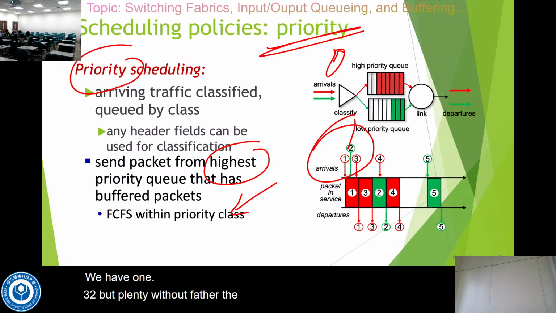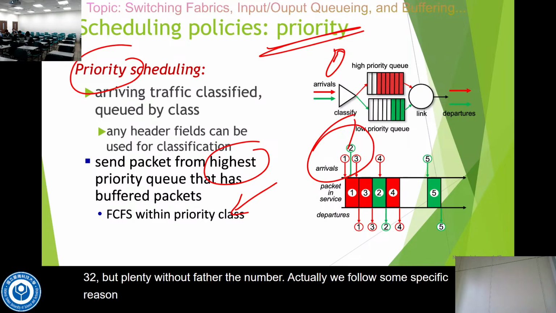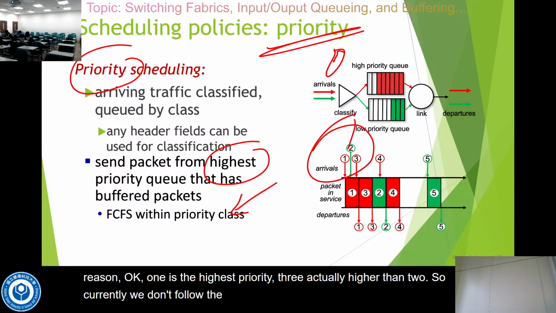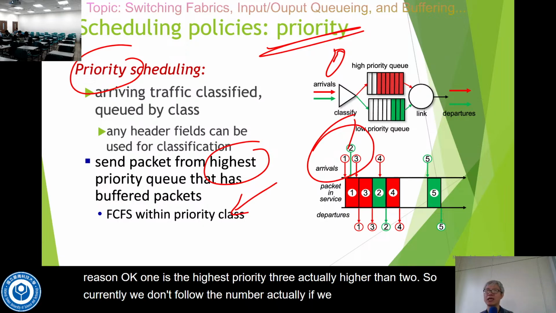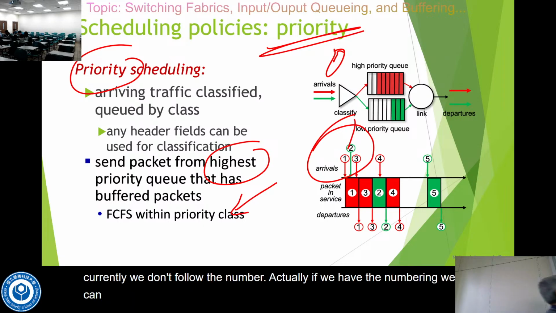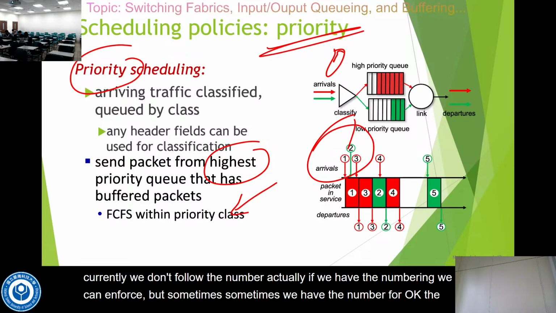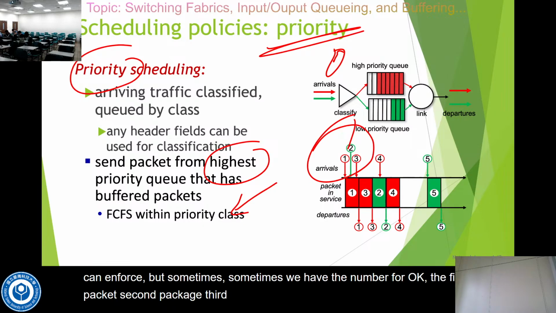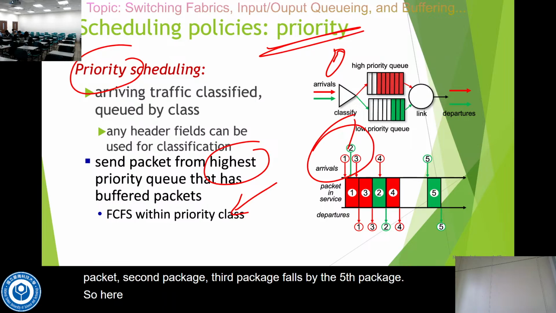Actually, we follow some specific reason. Okay, 1 is the highest priority. 3 is actually higher than 2. So currently, we don't follow the numbering. Actually, if we have the numbering, we can enforce it. But sometimes we have the number for, okay, the first packet, second packet, third packet, fourth, the fifth packet. So here, the numbering is for the packet arrival rather than the priority.